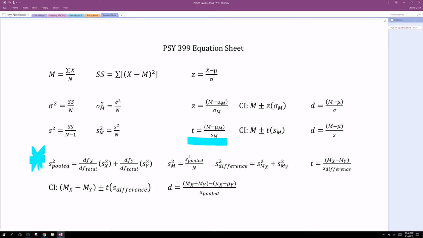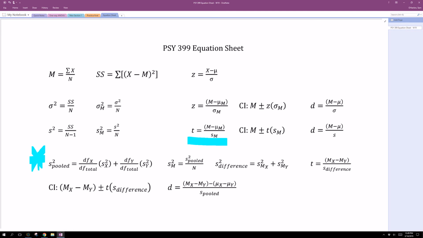This t equation works for both a single sample and a dependent samples t-test or paired samples t-test. The only difference between a single sample t-test and a paired sample t-test is that for the paired one, you're using difference scores. So in that case, you take the after score minus the before score because you want the sign of that difference to match the direction of change, right?